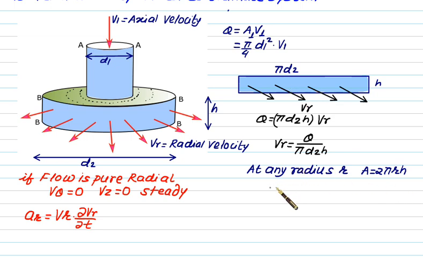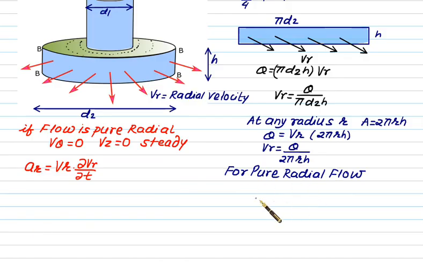In that case, we can write q equal to radial velocity vr at any radius r into 2 pi rh. So we have vr equal to q divided by 2 pi rh. This is an example of pure radial flow, in which case v theta is 0 and vz is 0. So we can calculate the acceleration ar: for pure radial flow, ar equals vr into del vr by del r.